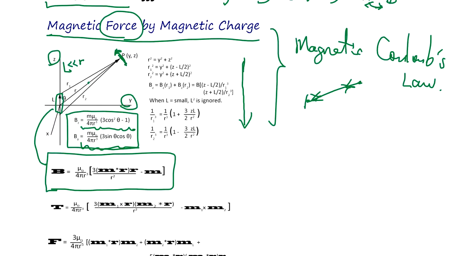And you combine this together into the vector format. This is the equation, okay? And m is this dipole's moment here.